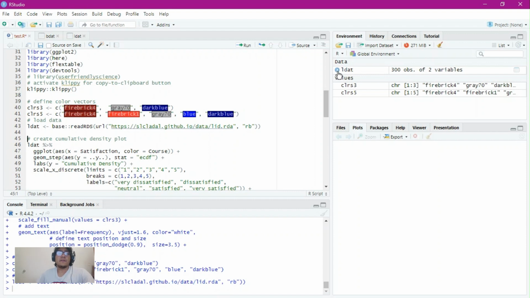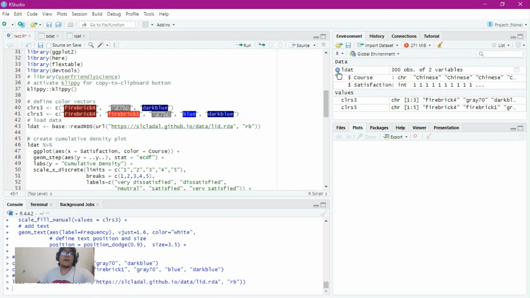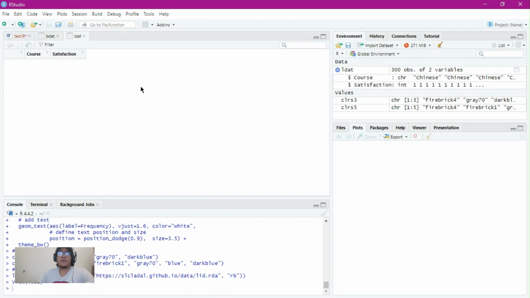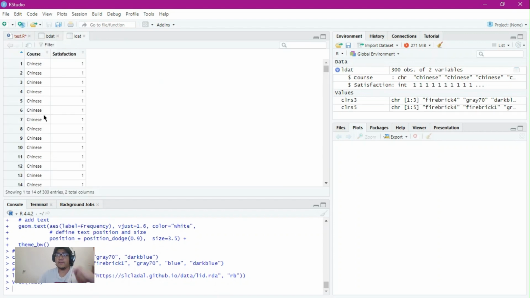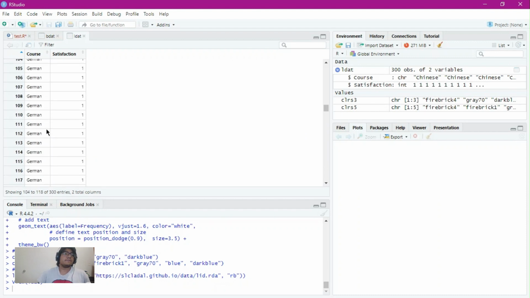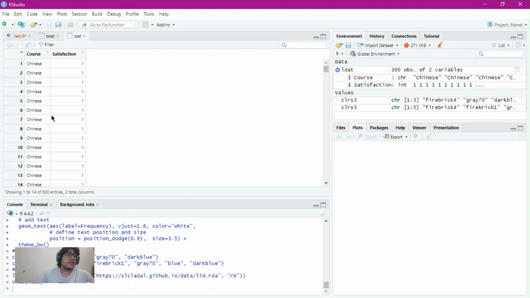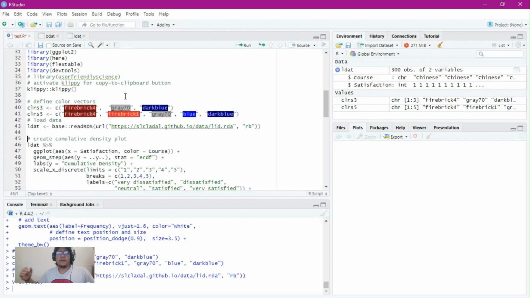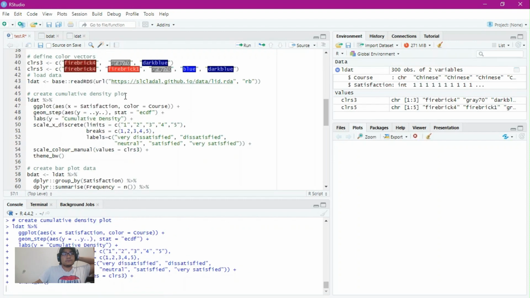In this case, we have the Likert data for the first graphic, line graphs, and it looks like this: course, Chinese, Chinese, Chinese, and all this data, with a small scale for the level of satisfaction.